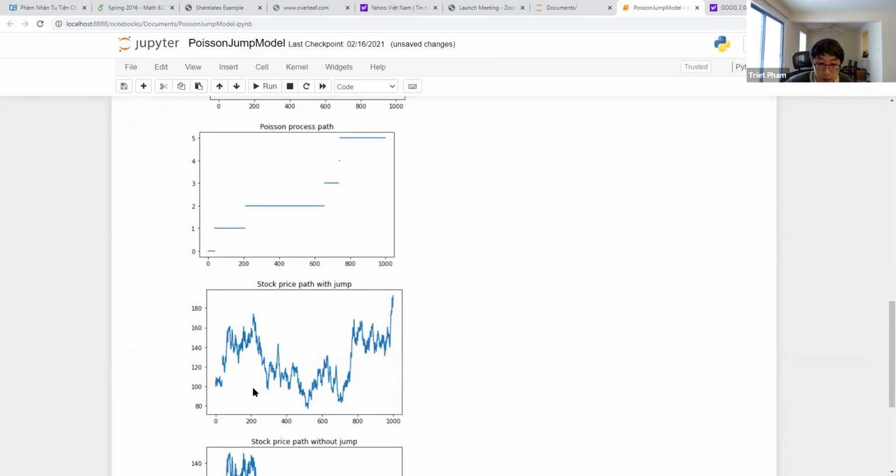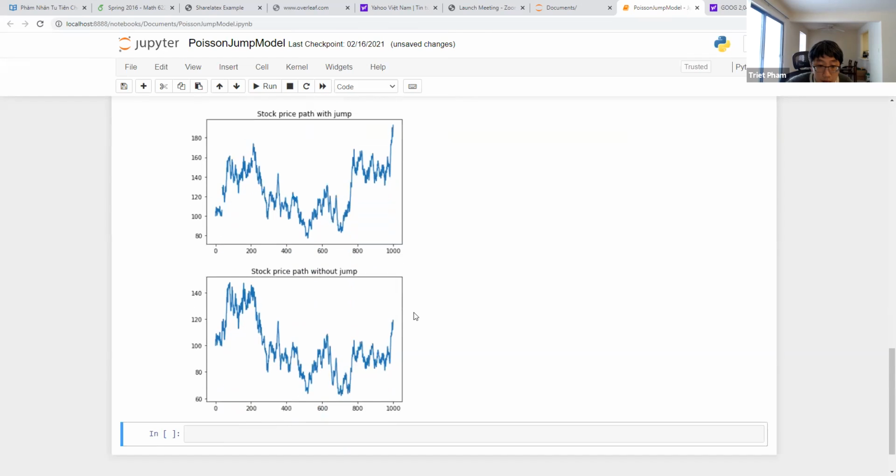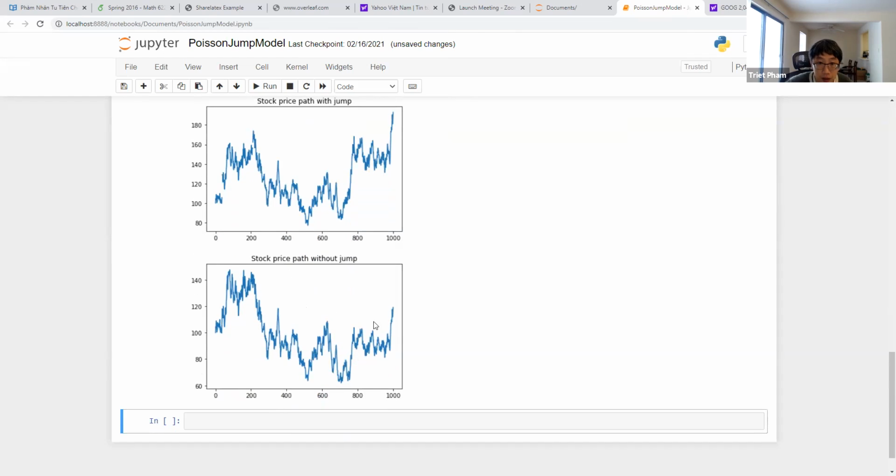And some of the jumps I think are hard to detect for some reason. And compared with that, the stock without jump is less volatile, I would say.